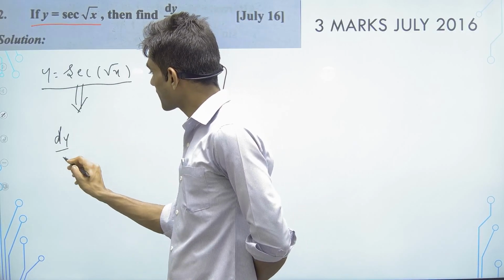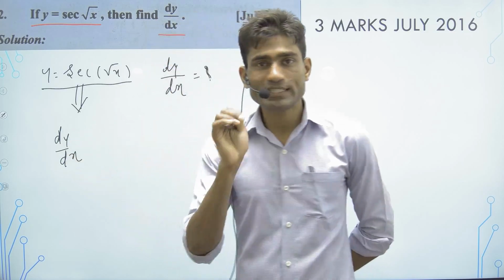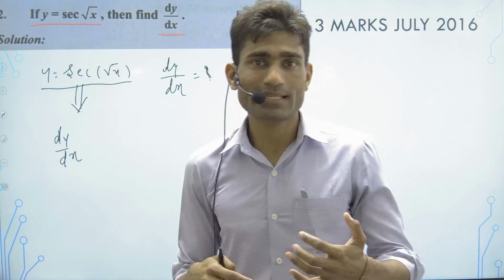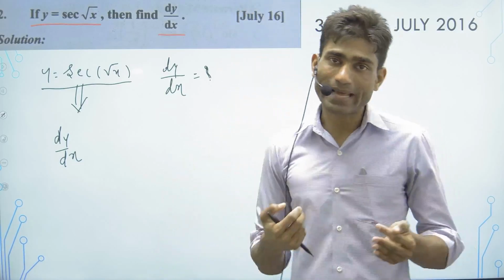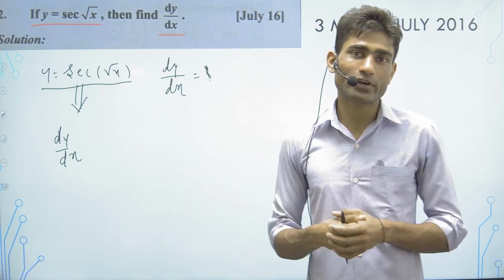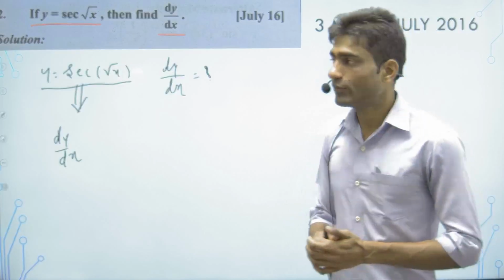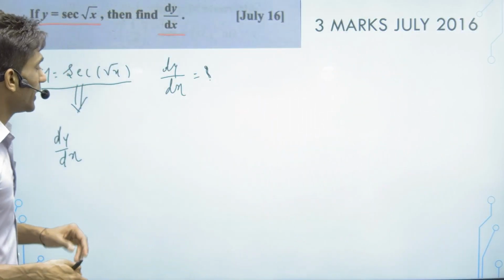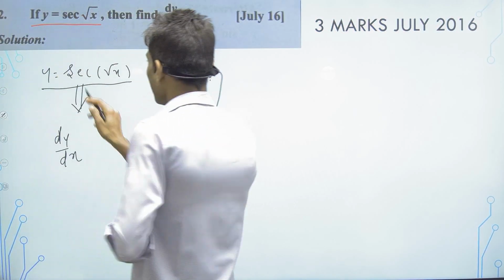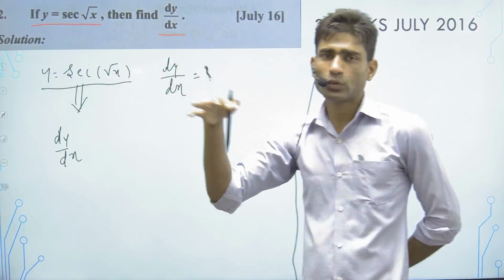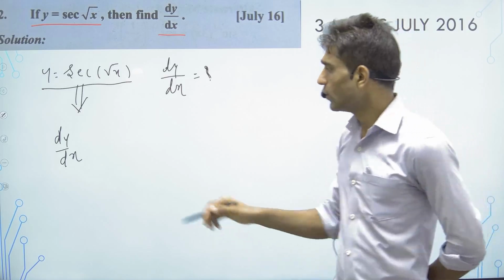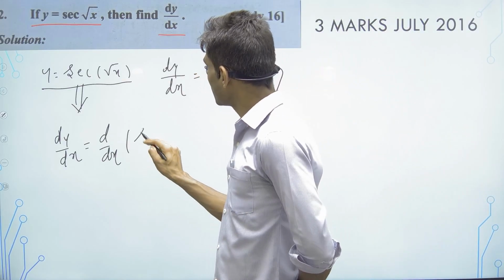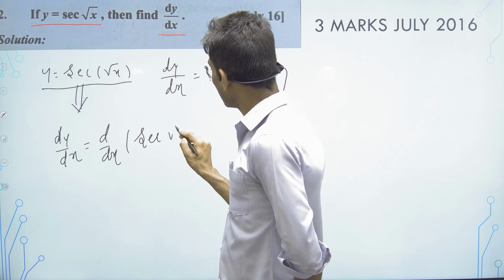Now we can differentiate that function using the first principle also, but in this case applying the first principle would be time-consuming, so directly we apply the differentiation of sec of x. Differentiation of sec x is sec into tan, which you need to know. Here we have a function under a function, like a composite function type of differentiation. So dy by dx means d by dx of sec of root x.